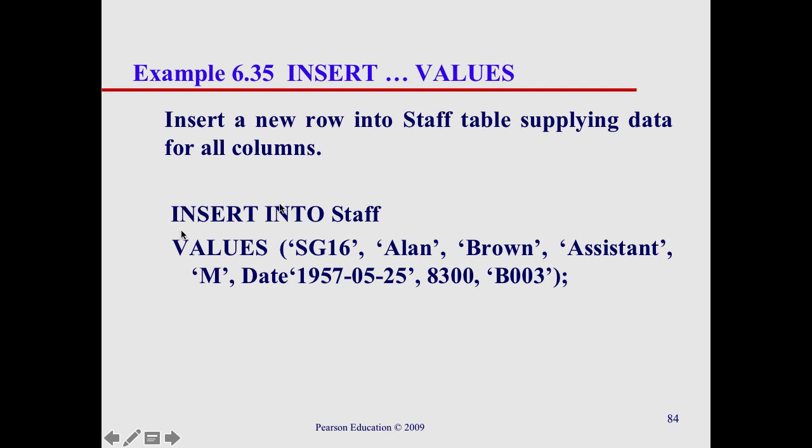So here I'm inserting a new tuple into staff, and I'm giving it these values, and they need to match. The order in which you present the values needs to match the order in which the columns occur in the relation, because it's simply going to match the values with the columns.